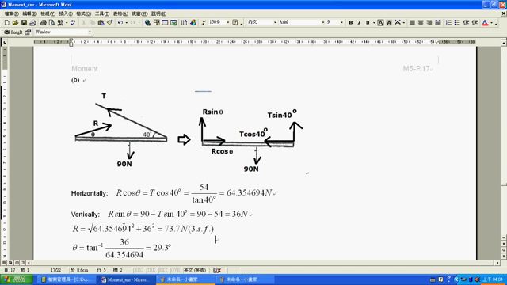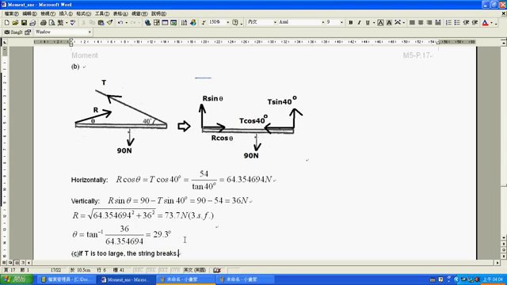With that, we can find R equal to the square root of the square of R cosine theta plus the square of R sine theta. So we get 73.7 newtons, and tangent theta is that.